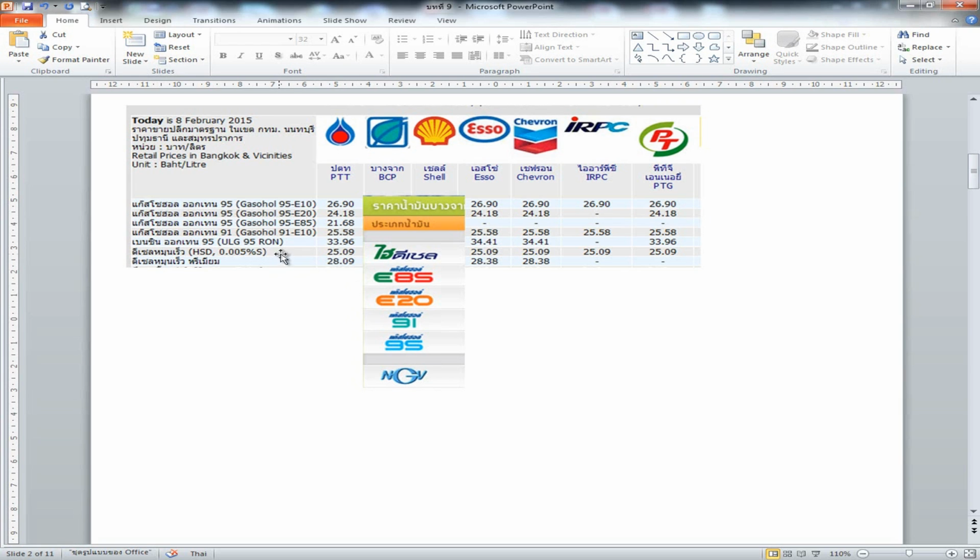According to the website of Apple and also the website from Bangchak Petroleum, we can see that actually there are several kinds of gasohol and also the benzene octane 95 sold in the gas station as well as the diesel oil.